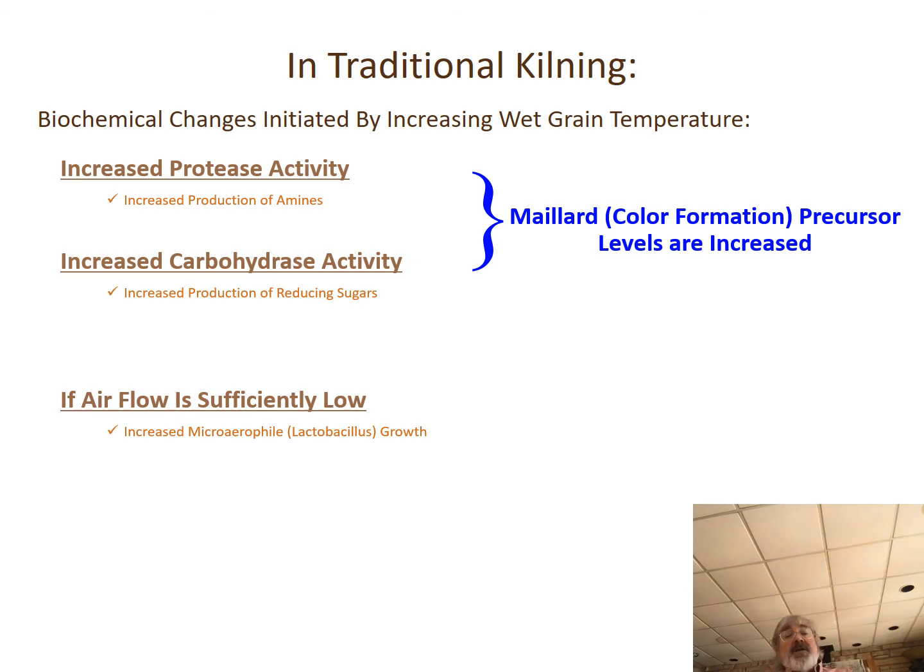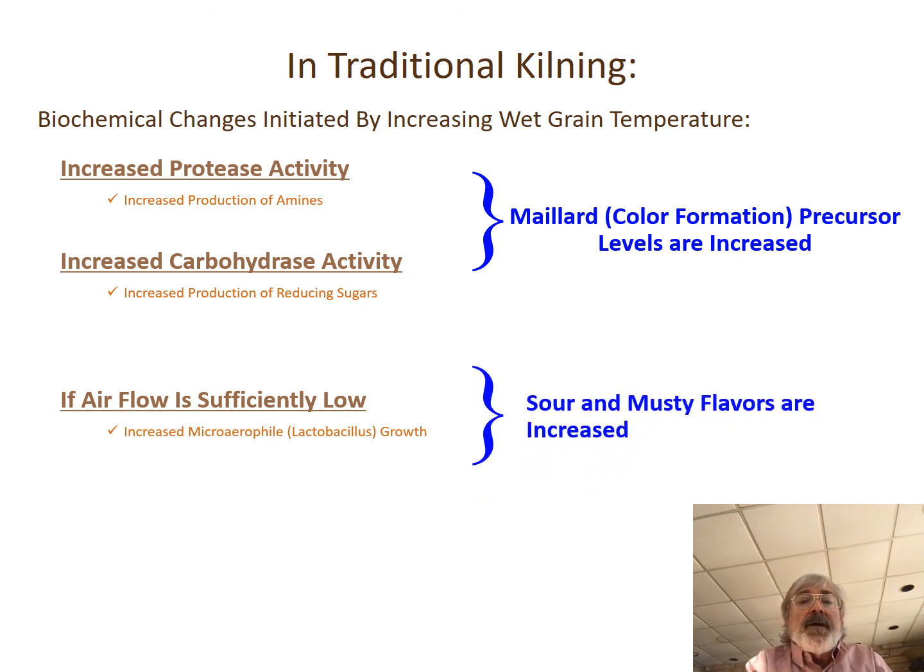So don't discard low airflows as a proper tool in specialty malt formulation. I would suspect a lot of the melanoidin malts are produced that way. And you have to worry about sour, musty off flavors.